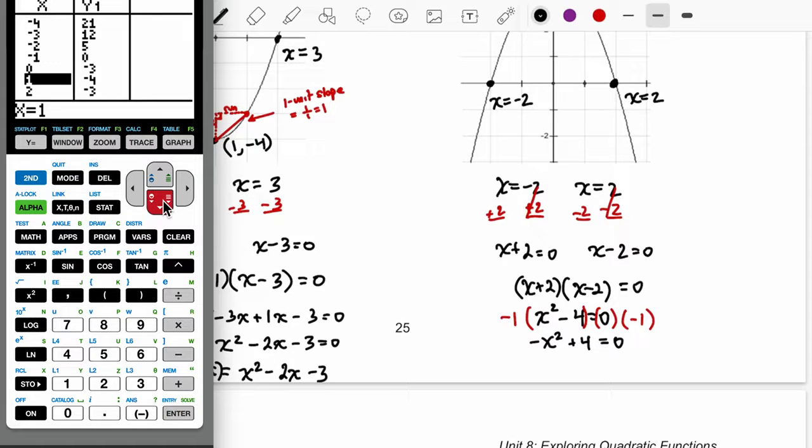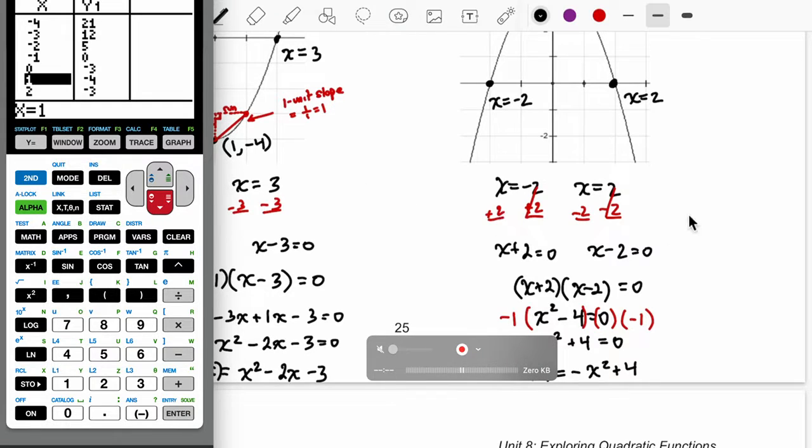We always multiply by the 1 unit slope. It was irrelevant in the last example because the 1 unit slope was equal to 1. Multiplying by 1 doesn't change anything. But here it reverses the sign of each term, and we're left with f of x is equal to -x squared plus 4.